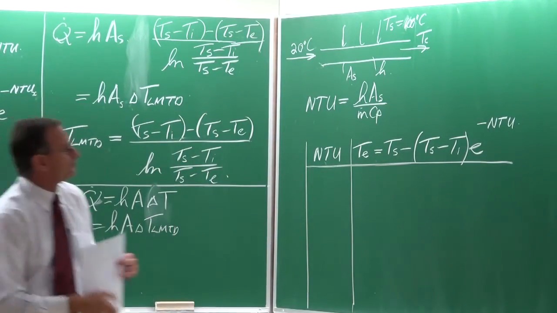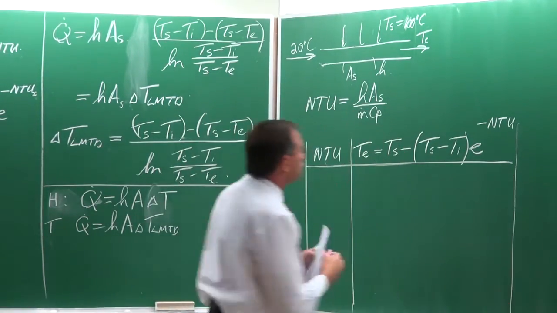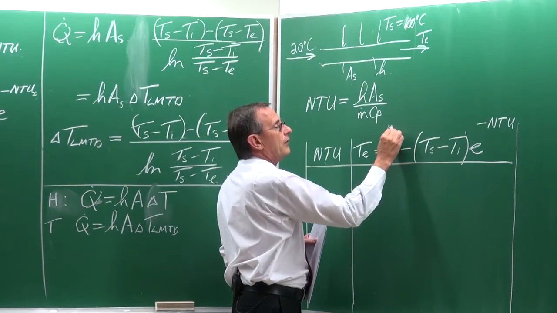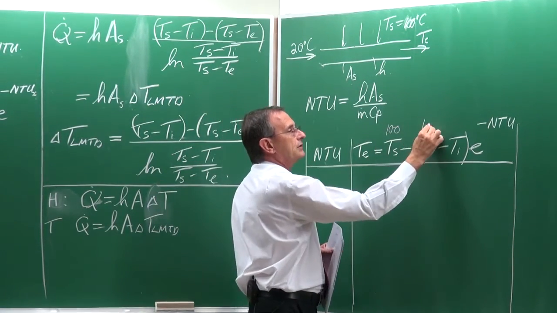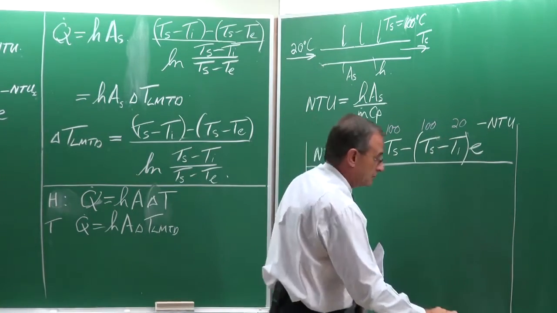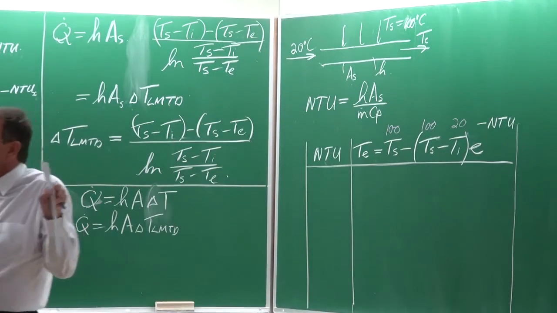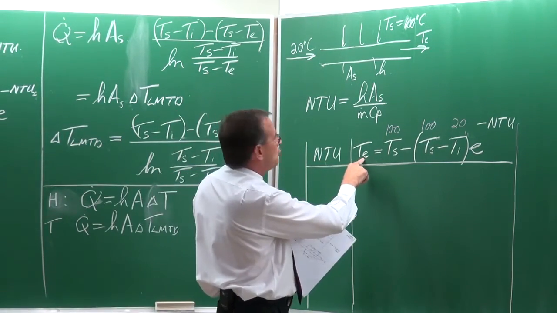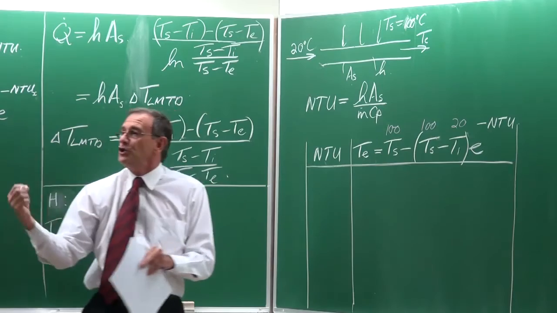The surface temperature is 100, and the inlet temperature we've set is 20. So for those different cases, we can calculate what the outlet temperature will be for different NTU values.